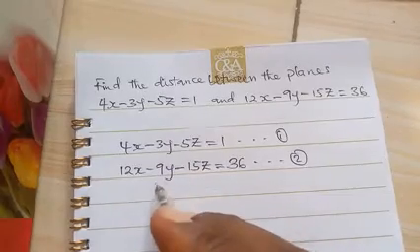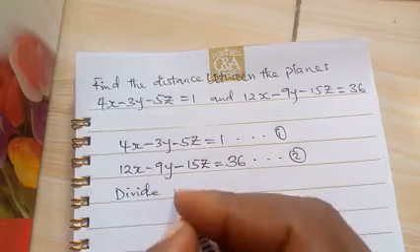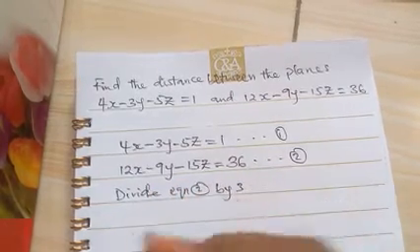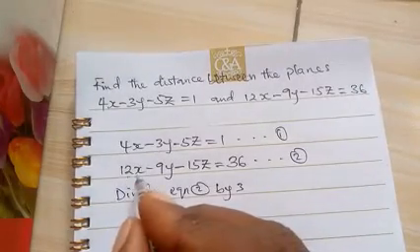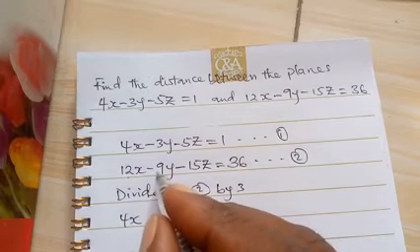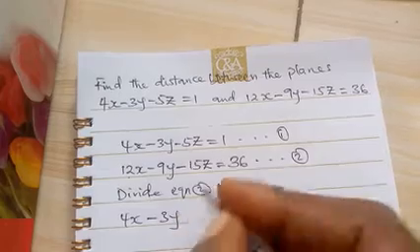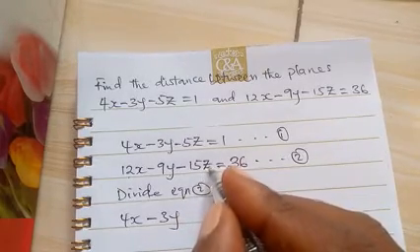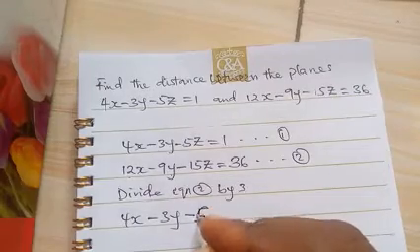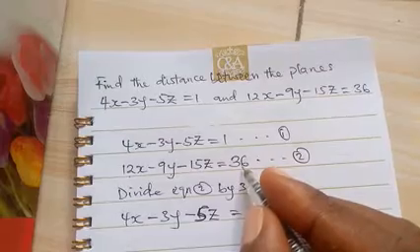For us to resolve, we can divide equation 2 by 3, which will give us 4x minus, 9y divided by 3 will give us minus 3y, minus 15z divided by 3 will give us minus 5z is equal to 36 divided by 3.